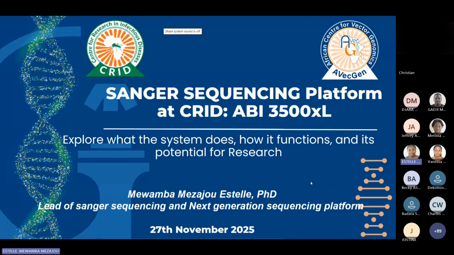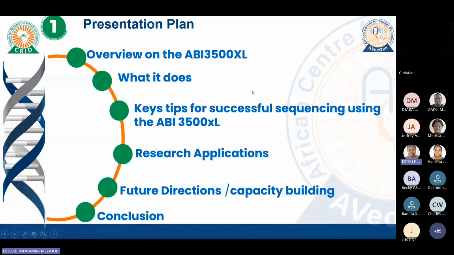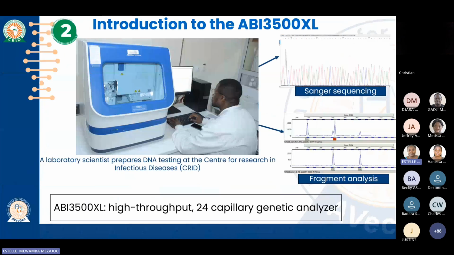First of all, a brief overview of the equipment and what it does, some key tips for successful sequencing using the AB3500 XL, some research applications that could be addressed through this equipment, and future directions, capacity building, and a conclusion.